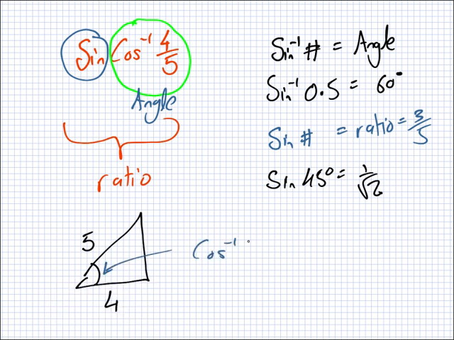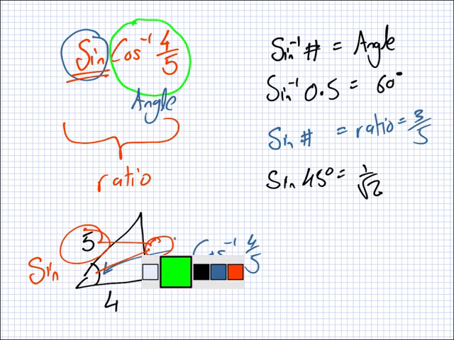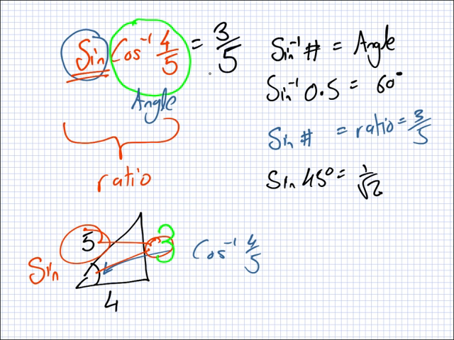That's cos inverse 4 over 5. I want the sine of this angle, which will be that side over that side. Pythagoras says this is 3. So the answer here is 3 over 5.